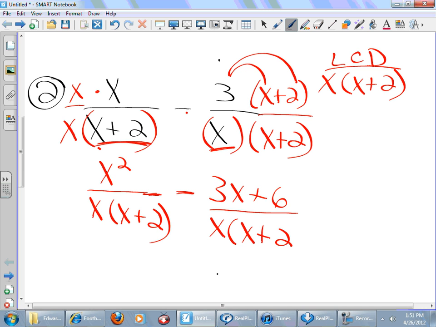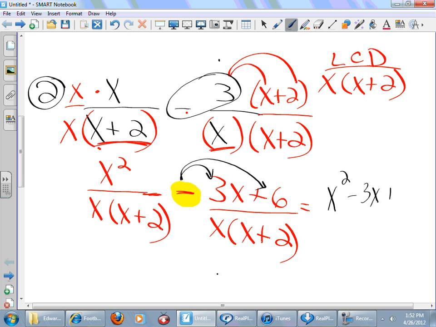Some of you are going to get this wrong here because what you're not going to realize is this negative belongs to both 3 and to the 6. In fact, I'm actually distributing it. What you could have done is on this step, you could have distributed negative 3 because my final answer is going to be x squared minus 3x plus 6 over x times the quantity of x plus 2.